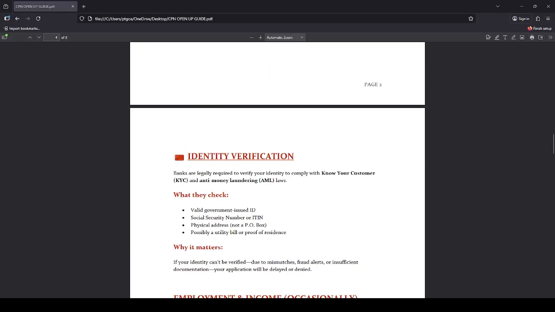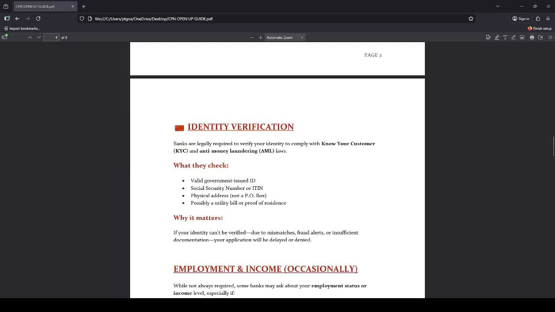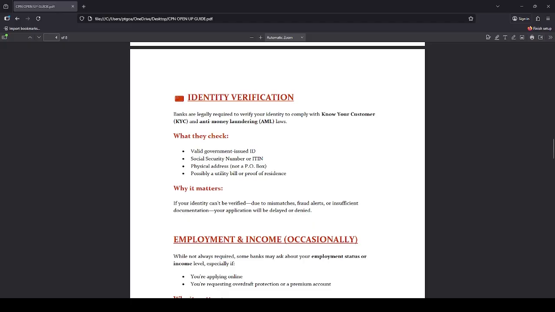All right. Identity verification. Banks are legally required to verify your identity to comply with the KYC, know your customer, and the AML, anti-money laundering laws. So the way that these banks verify your identity is through possibly a utility bill or proof of address, an ID, right?